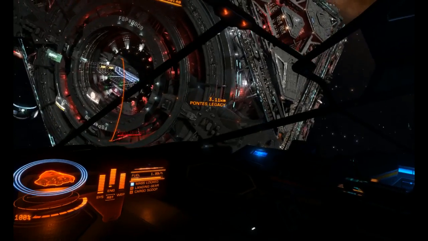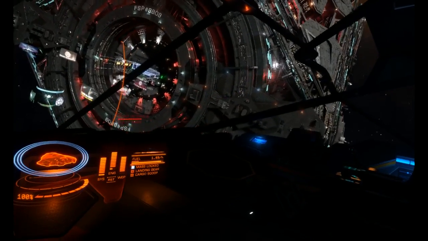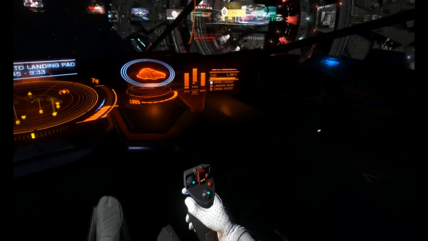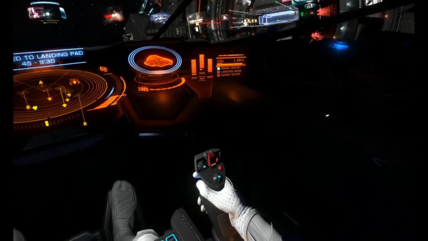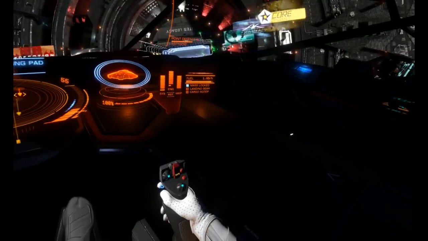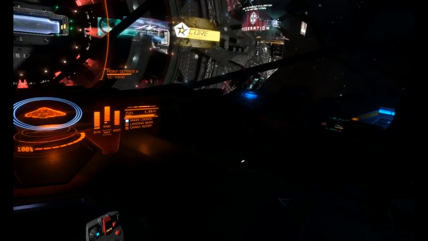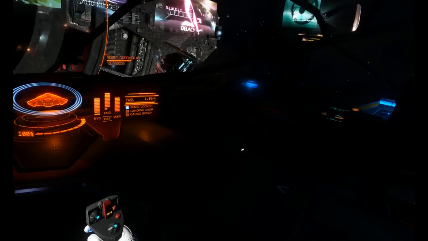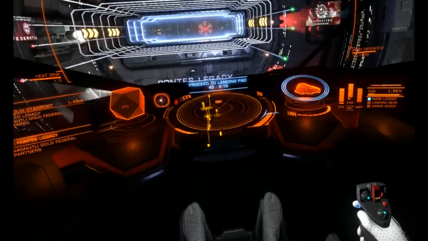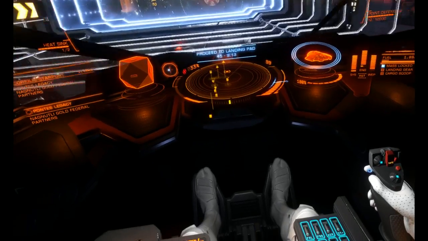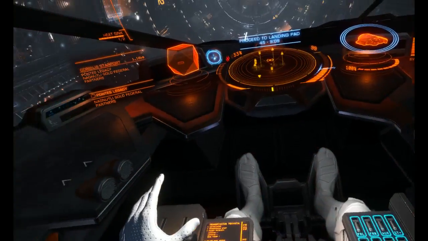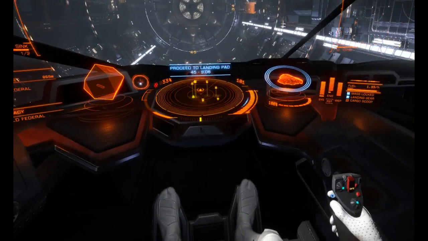Scan detected. Apparently there's a scan detected. But I'm not doing anything wrong, so... You know, the thought just occurred to me that I have not been smuggling.